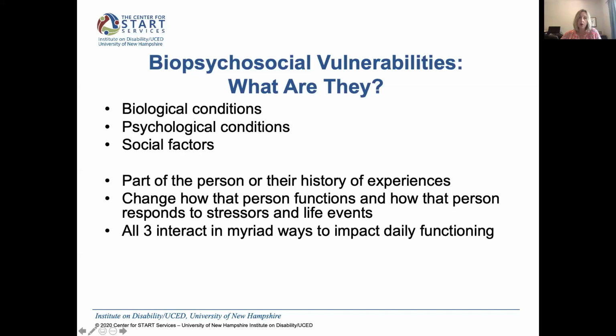These are all part of the person. They're all part of their learning history. They're all part of what has happened to this person to help them become who they are today. And oftentimes these are factors that unfortunately contribute to the problems that somebody is having right now.